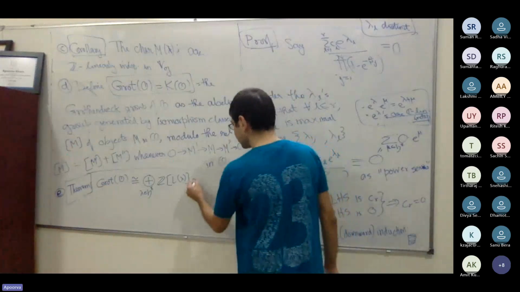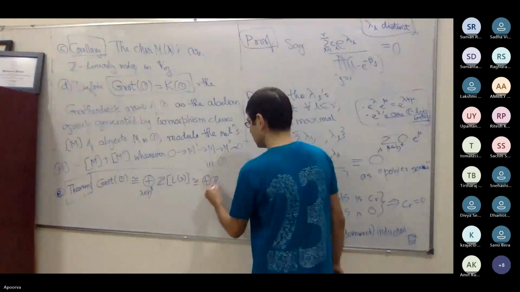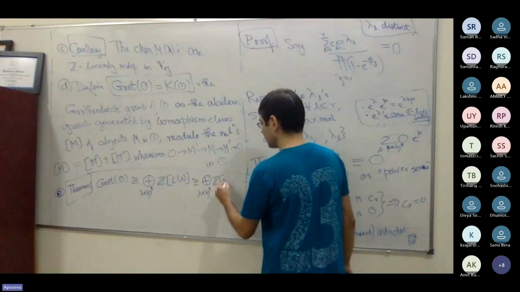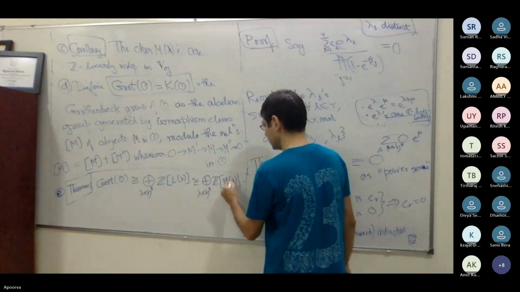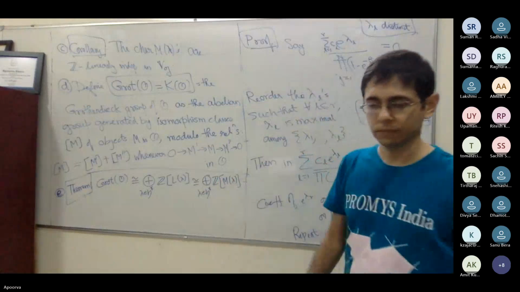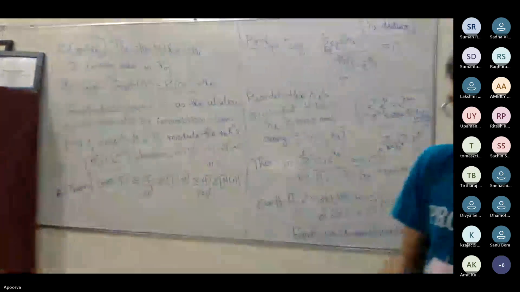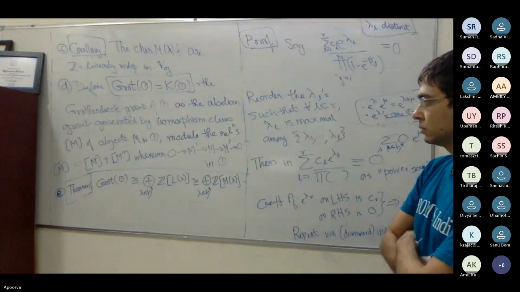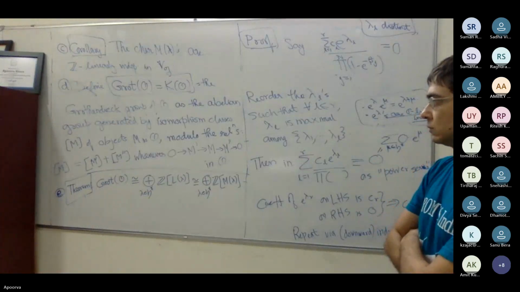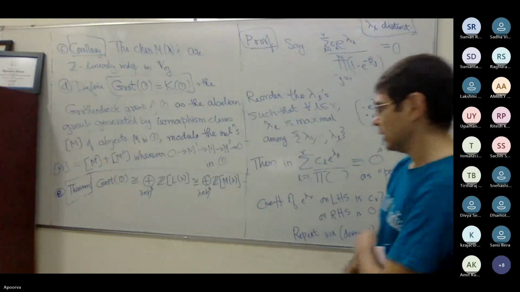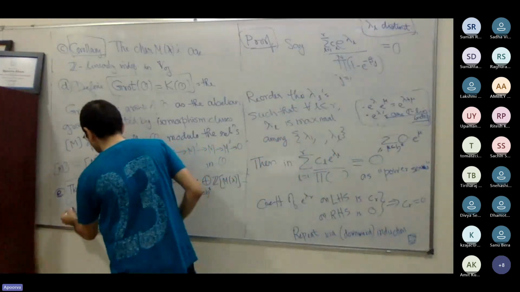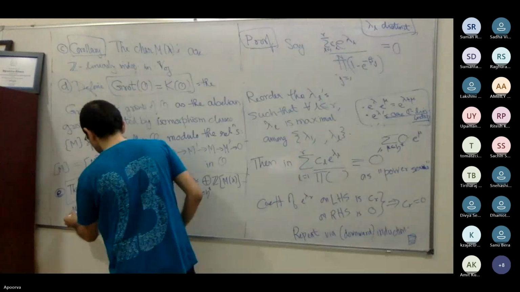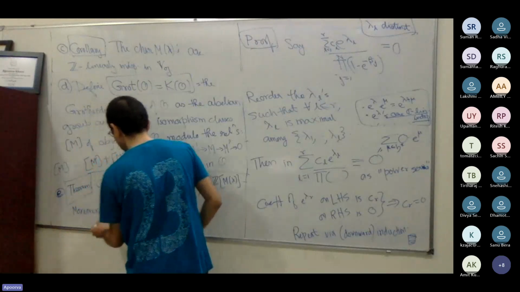And this is also isomorphic to lambda n star by modules. Moreover, I don't know which one should be first, which one second, but these are sort of two independent statements.